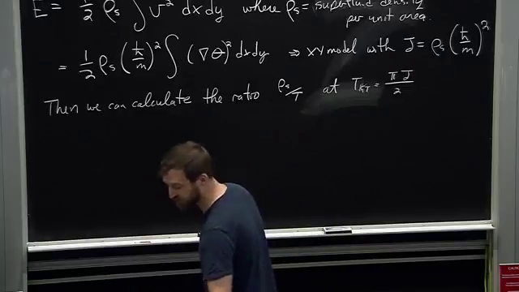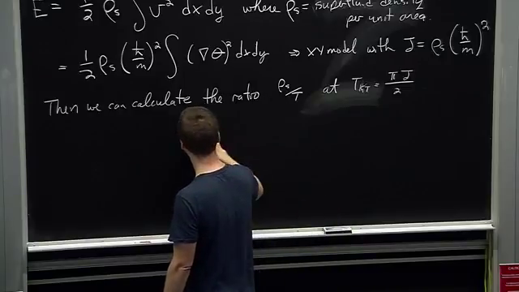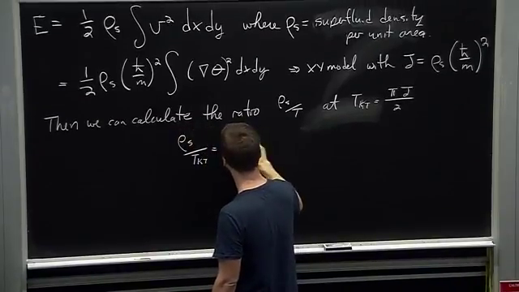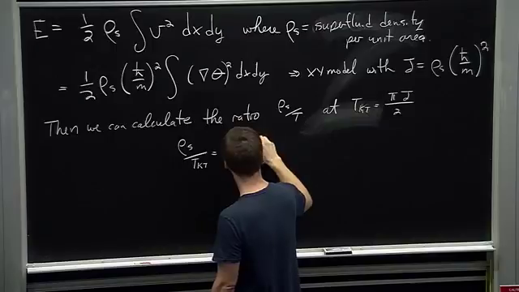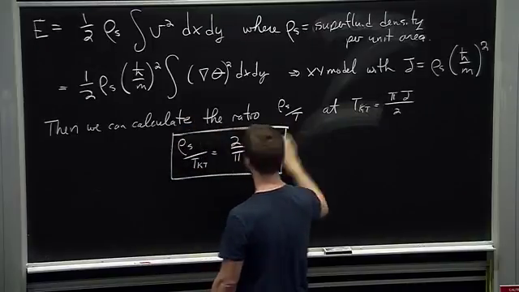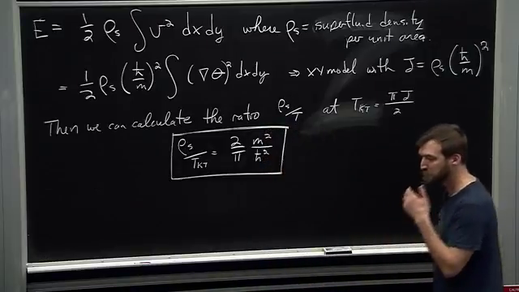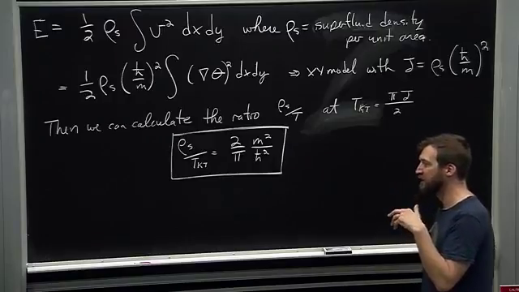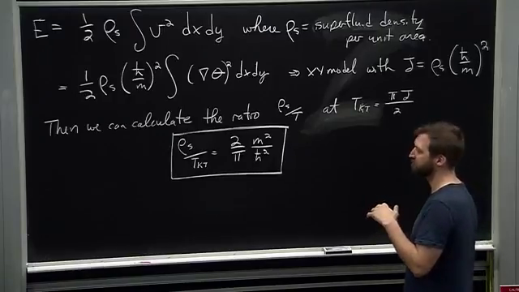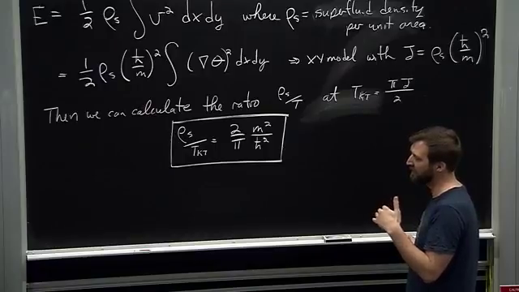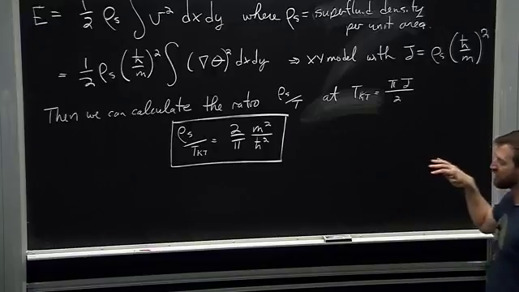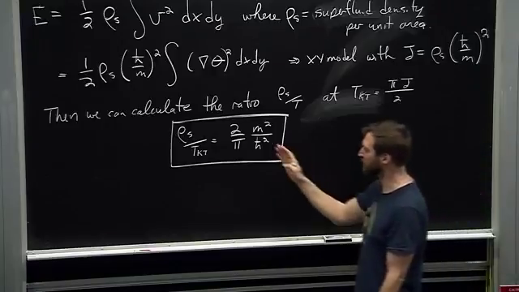So that gives us the universal jump: 2 over pi, and all those masses and h bars that nobody cares about. So this is important because this is what's measured experimentally. And it's called the Nelson-Kosterlitz jump. So this is not a rigorous derivation, but a rigorous derivation gives you the same thing.